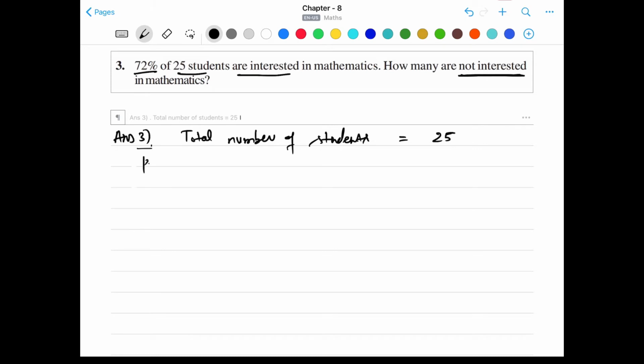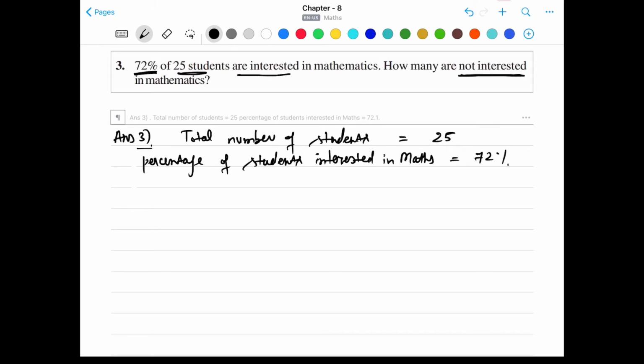So the percentage of students interested in maths is equal to 72%. Okay, so first we write the given quantities: the number of students in the class is 25, and the percentage of students interested in mathematics is 72%. Okay, so one way to solve this question is to calculate the number of students interested in mathematics, then we'll subtract that number from the total number of students.